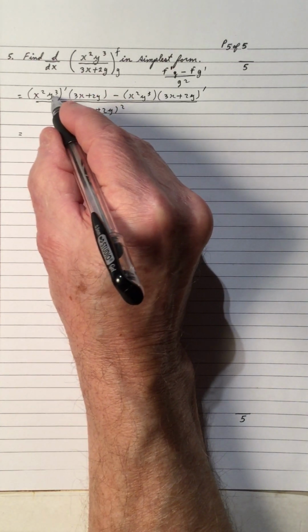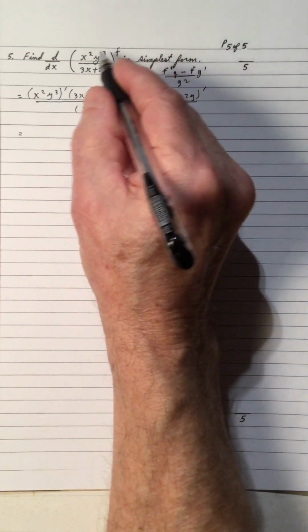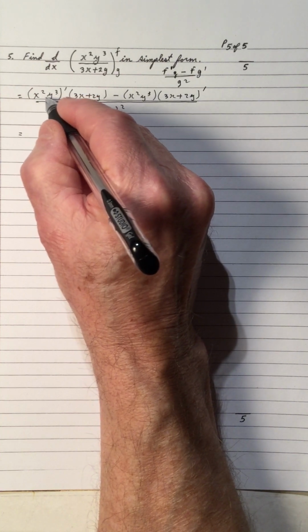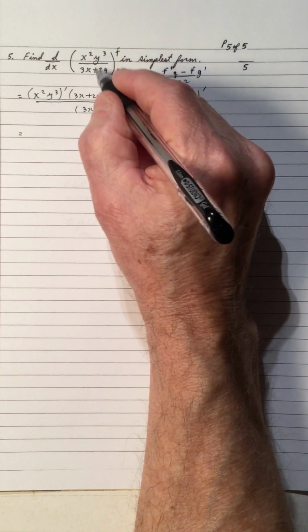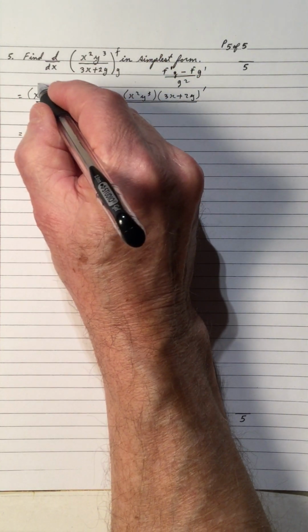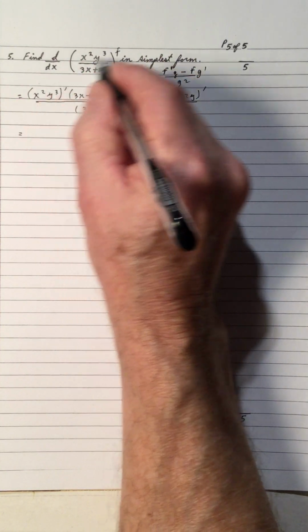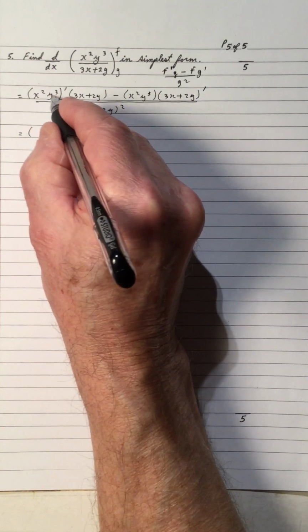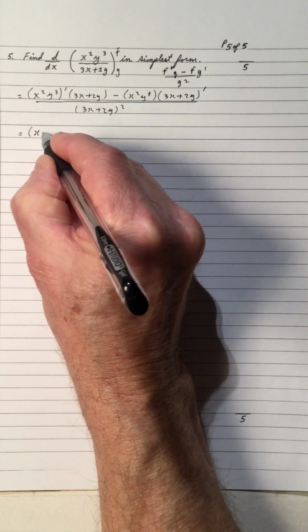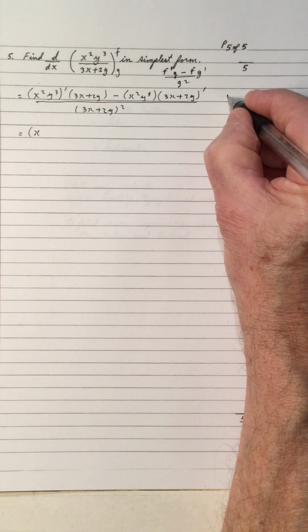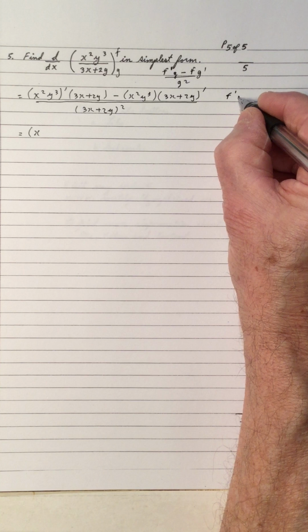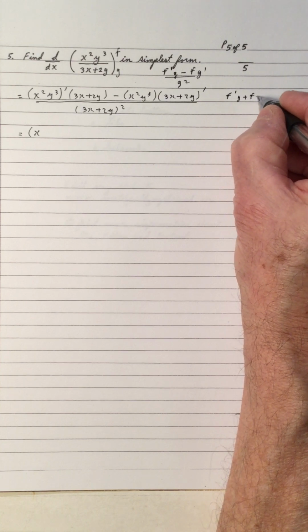Now notice that this in itself is a product, so I have to do the derivative of this. So let's pretend I have f and g for these two, but let's just do f and g on this alone, so as not to get confused. So this is a product, so the derivative of a product is f prime g plus f g prime.